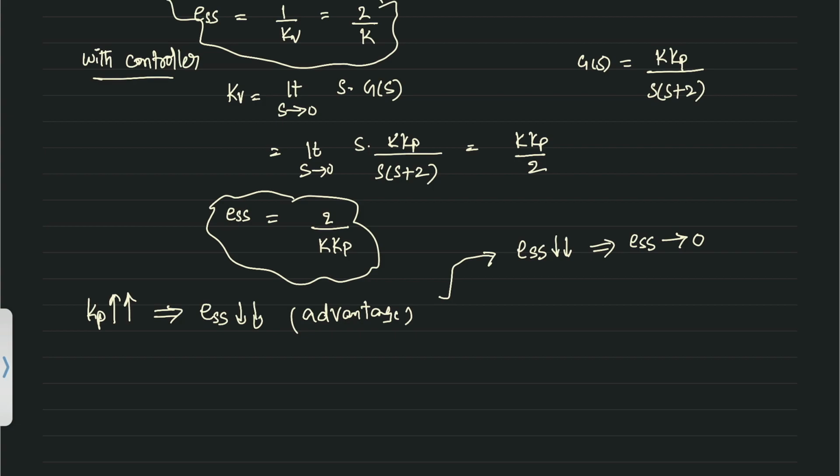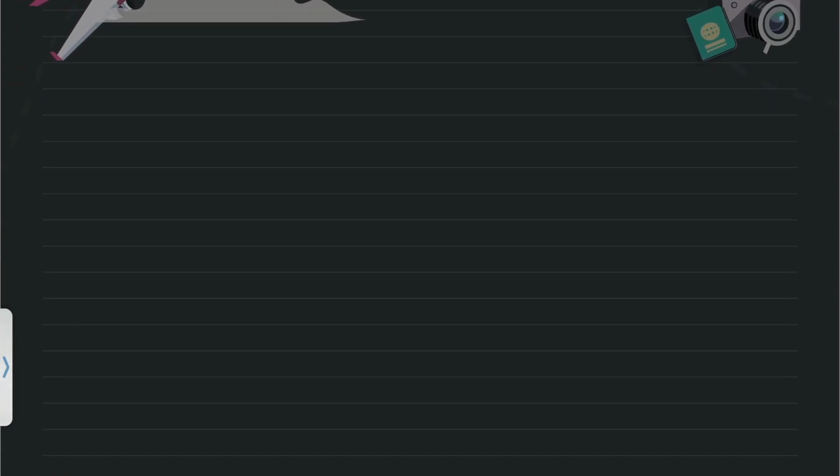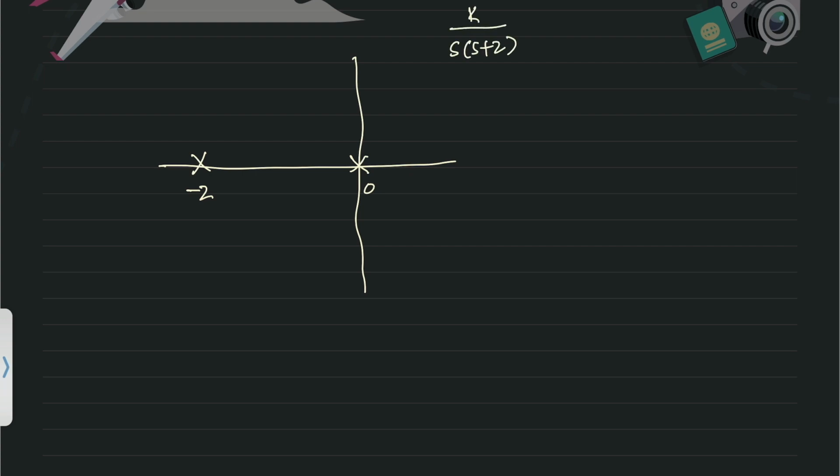Let me explain this by root locus also. Suppose I take a system that has a pole at 0 and a pole at 2, like K by s into s plus 2, with Kp.